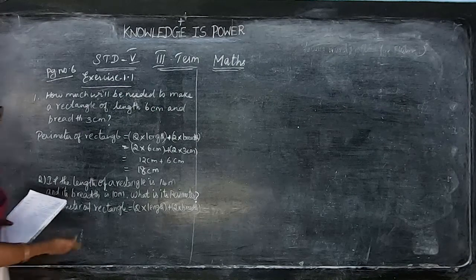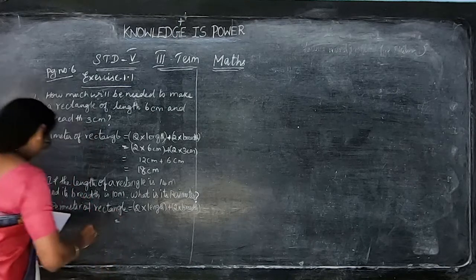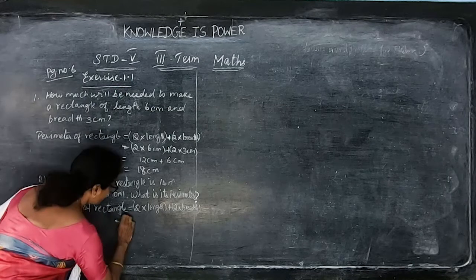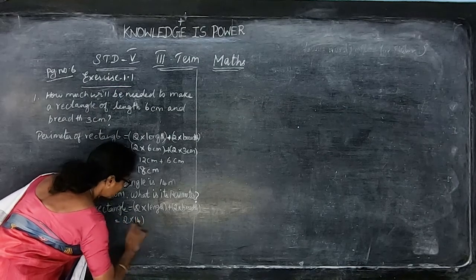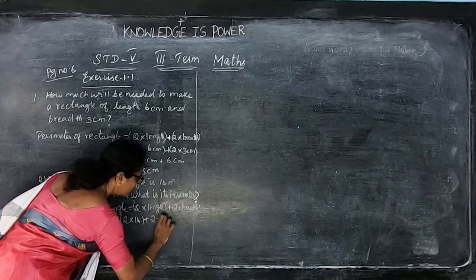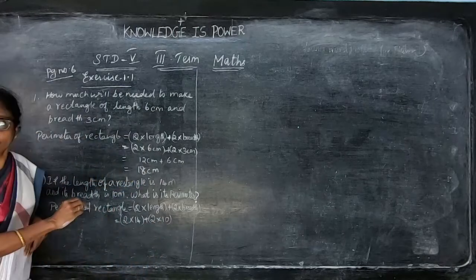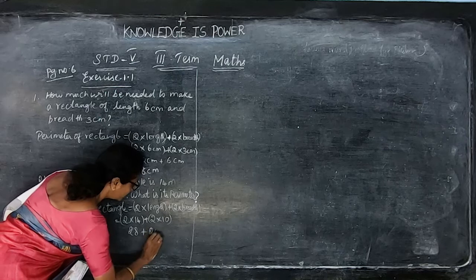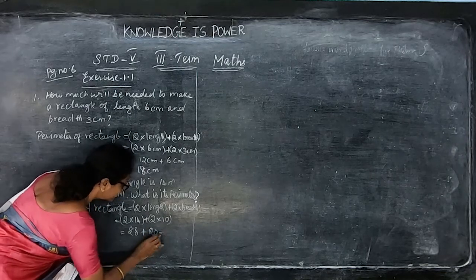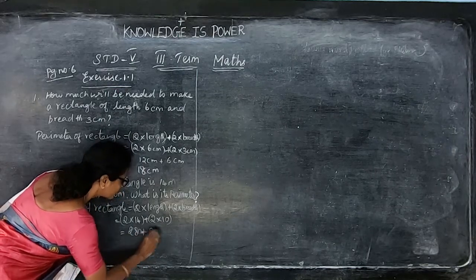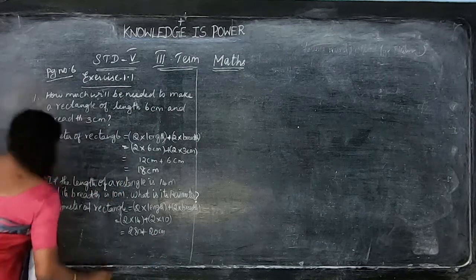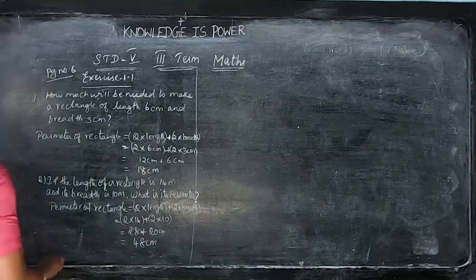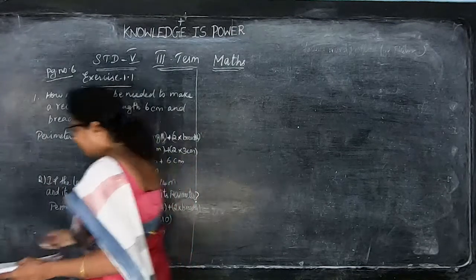Okay, so that is equal to 2 into length, how much do we have, 2 into 14 plus 2 into 10. So 2 into 14, 28 plus 2 tens are 20. That is equal to 48 centimeter. Okay, yeah. Then the third one.